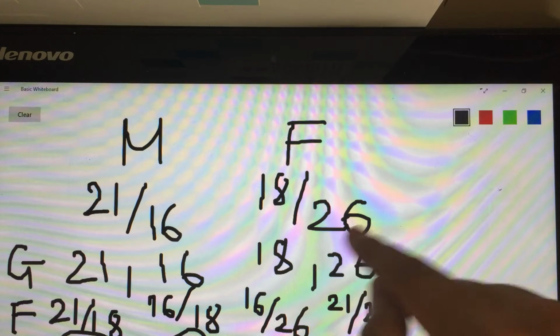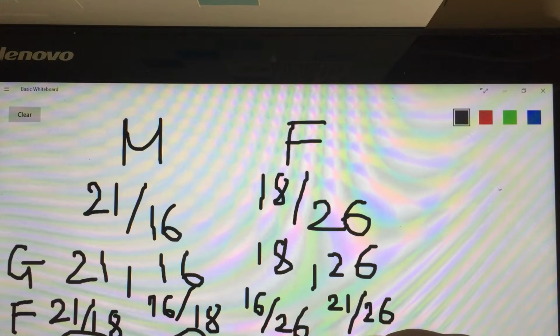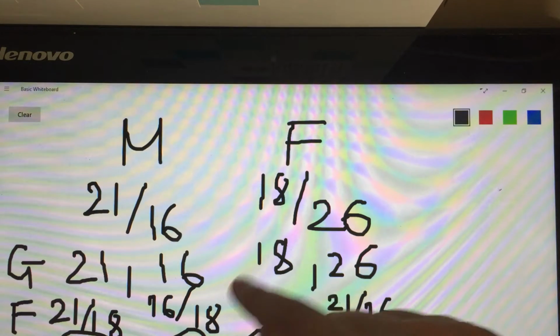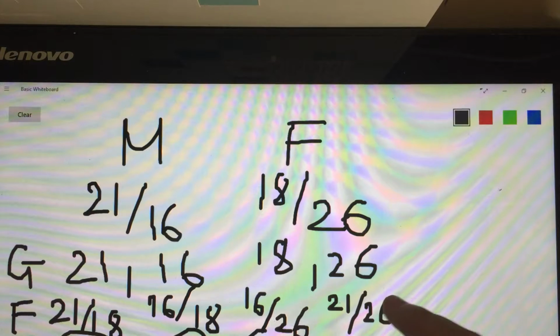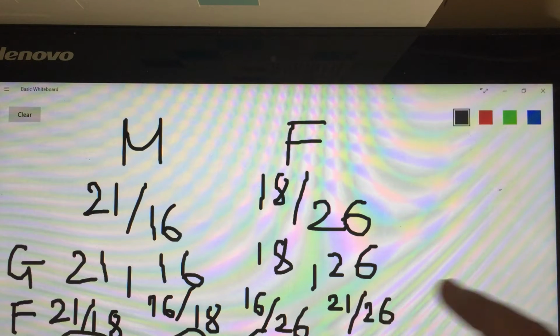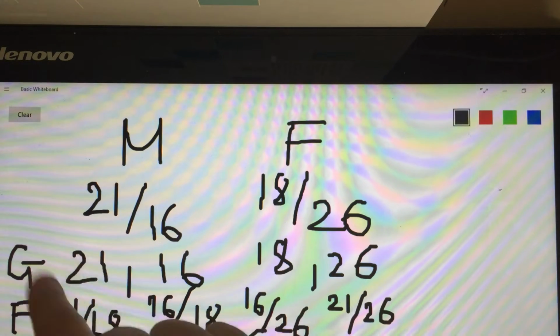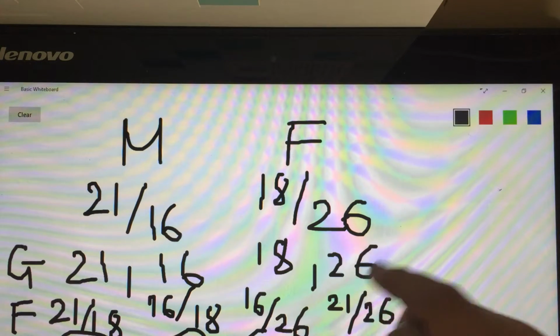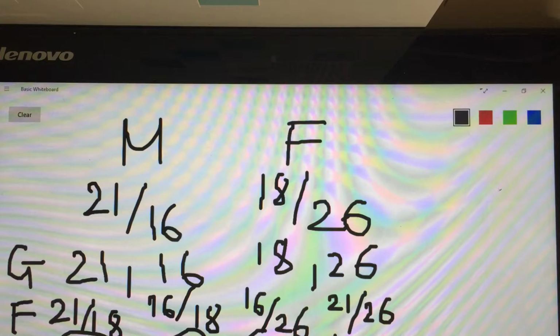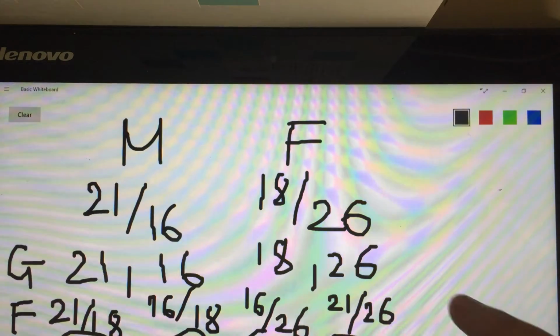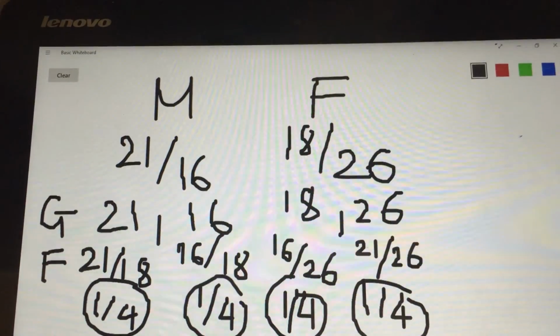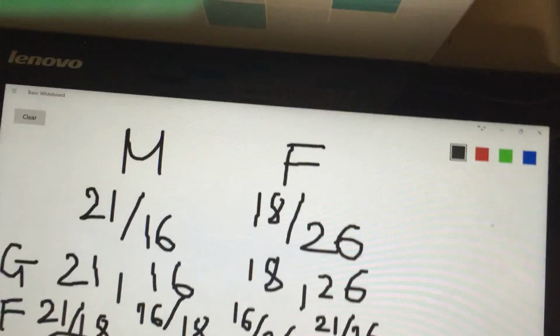Multiply 1/2 of this would be also 1/4 for this offspring. And right here we have 1/2 this, 1/2 this gametes, and multiply 1/2 this gamete will be 1/4 for the appearance of this offspring. So 1/4 for each kind of pair.